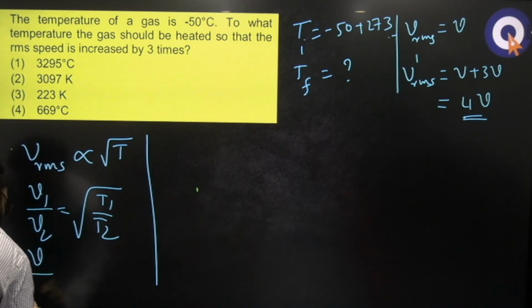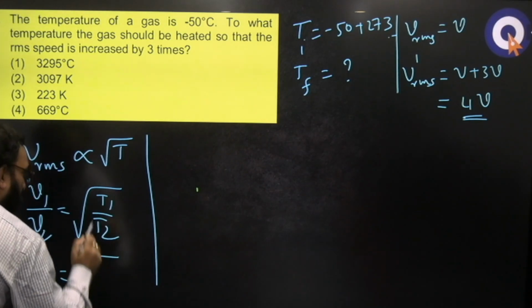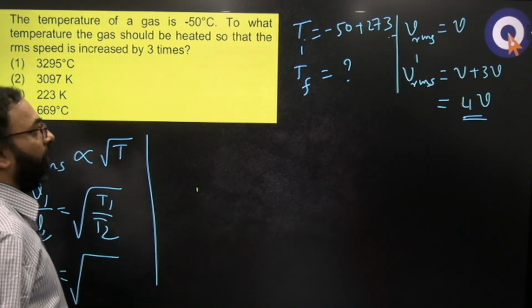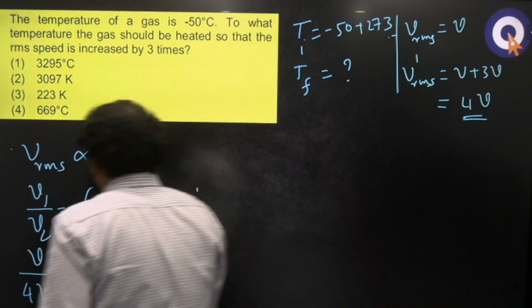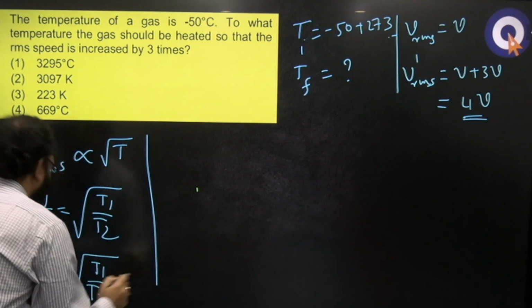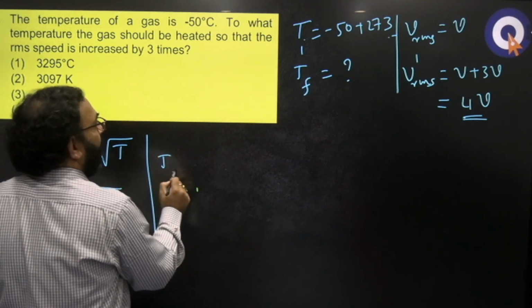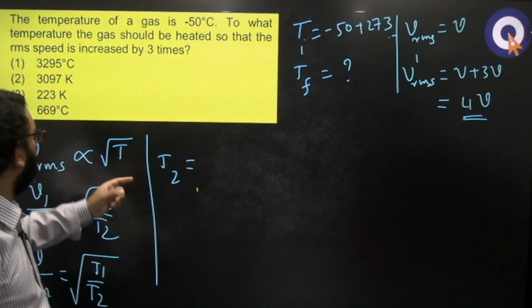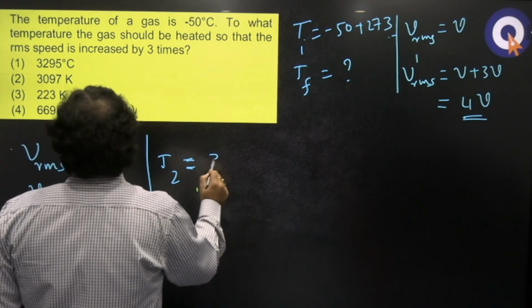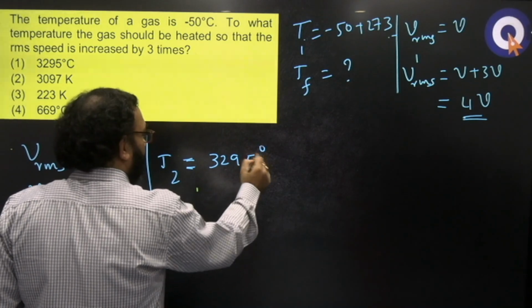So V by 4V equal to root of T1 by T2. The temperature minus 50 means you can calculate here, and T1, T2 you can substitute, and finally T2 or final temperature we need to calculate. We will get it as 3295 degrees Celsius.